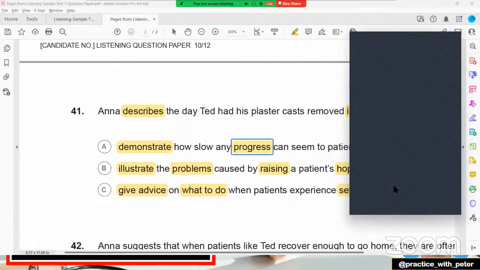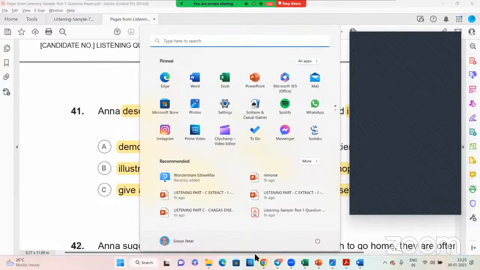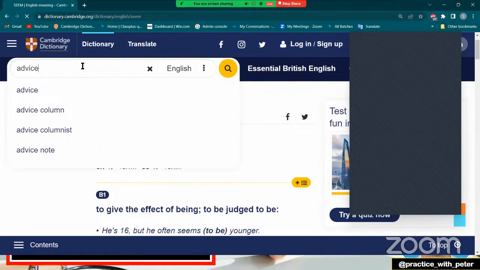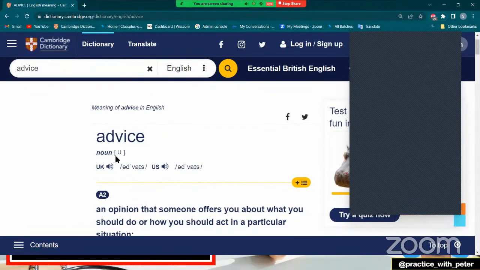Then next one, advice. Many people say advices. It's wrong. Advice is uncountable. You cannot say advices. Advice is uncountable. See here, uncountable.